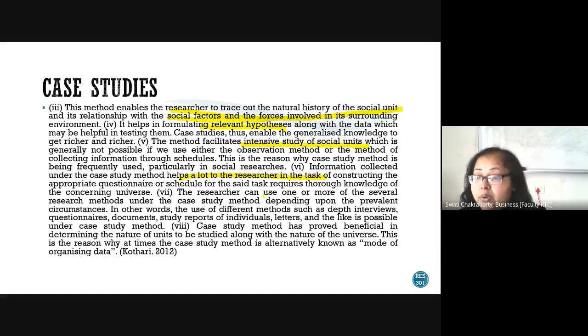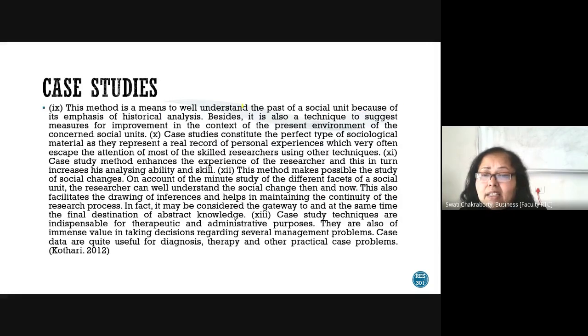The researcher can use one or more of several research methods in case of case study, depending on the circumstances. It has also proved beneficial in determining the nature of units to be studied along with the nature of universe. It is also used to understand the past of a social unit, its past behavior pattern.